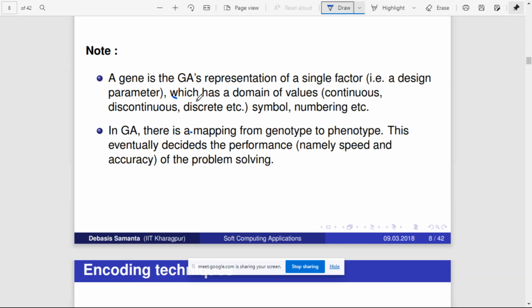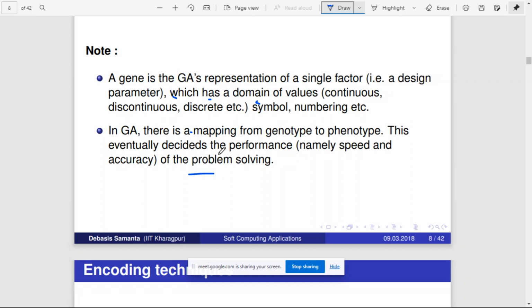That is the design factor which has domain values. These domain values can be either continuous, discontinuous or discrete. There is a mapping from genotype to phenotype. This eventually decides the performance of problem solving.